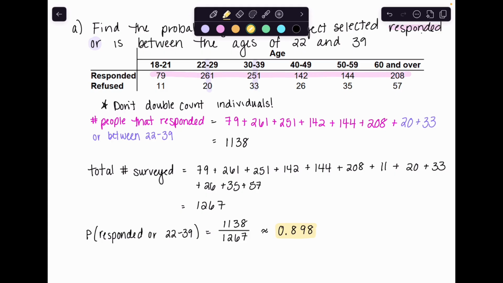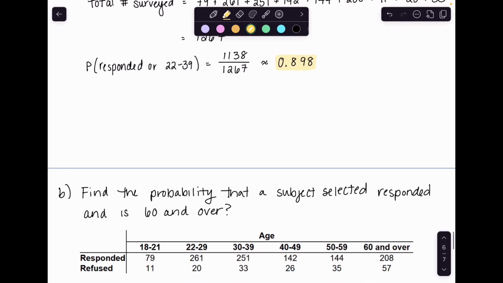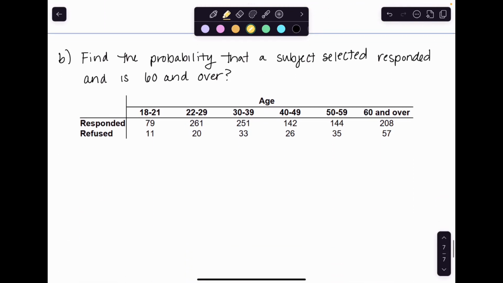Okay. Now, if I want to change this slightly, and I'm going to change it to an AND criteria, we're going to find the probability that a subject selected responded and is 60 or over. Okay. So in that case, the AND means it needs to fit both criteria. So these are the people that responded, but only these 208 people also fit that second category.